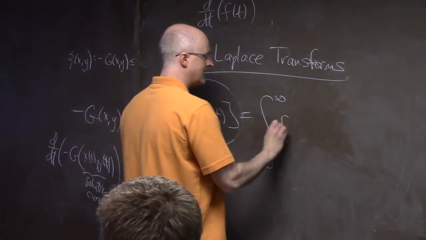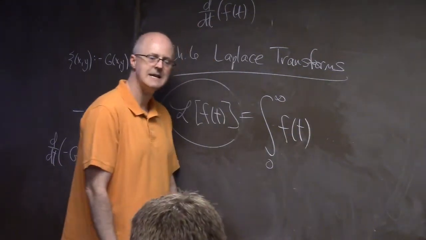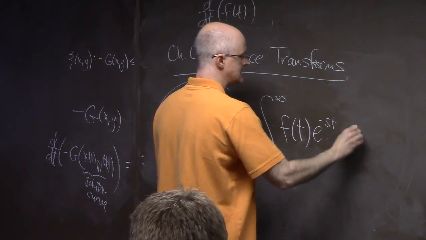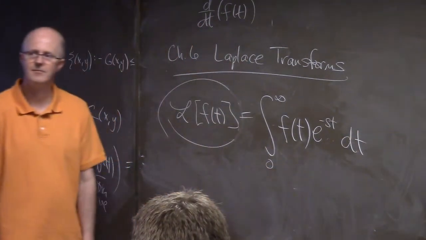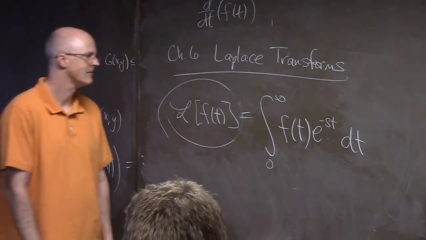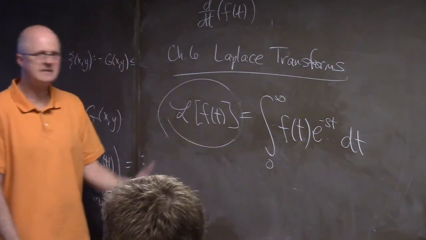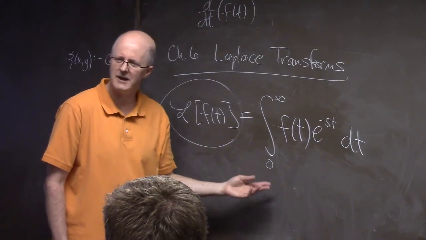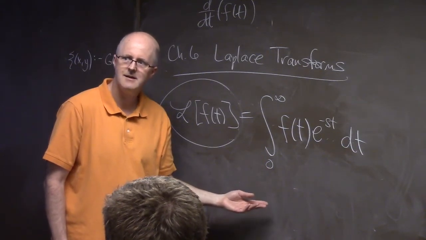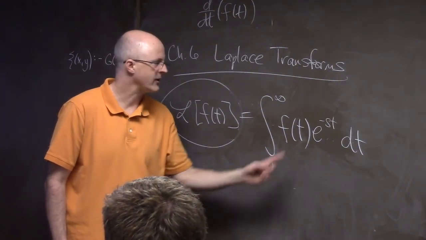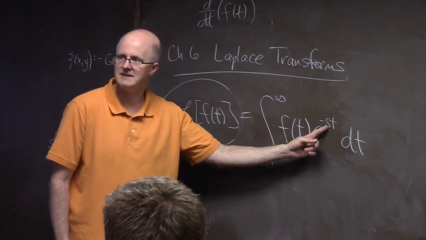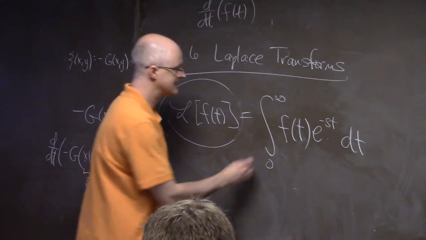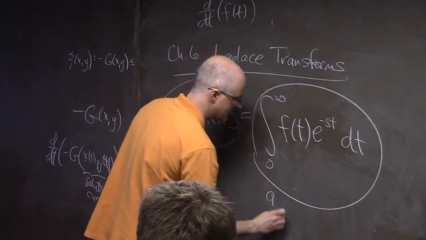You integrate the given function, little f of t, times e to the negative st dt. I claim that this is a function. And you scratch your head and look at it and you say, well, you're doing an integral, won't you get a number? You get a number for each individual value of s. But as s varies, you get a function. This is a function of s.